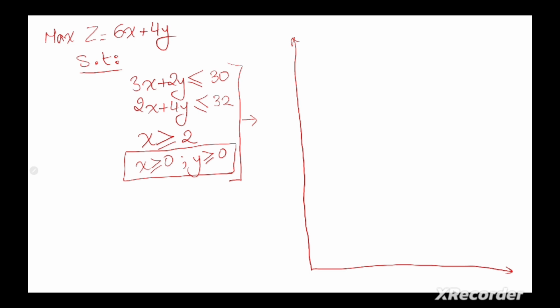The best way to start is with the constant lines. So we have 0 here, then 1 and 2 on the x-axis.